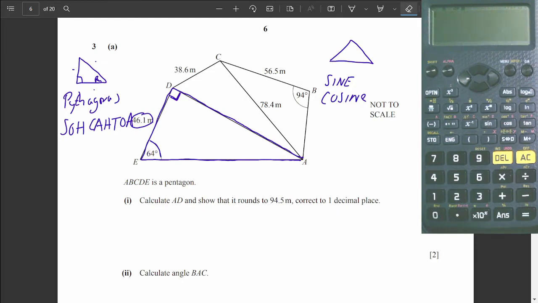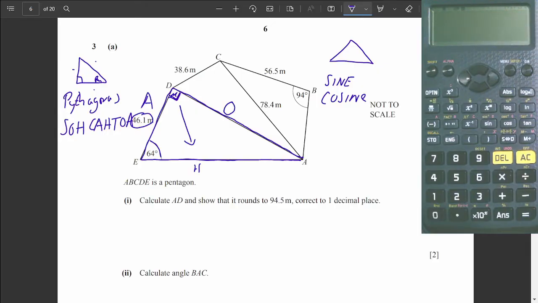Let's first label our triangle correctly. This is the 90-degree angle. Opposite that is the hypotenuse, which we are not using. We have right next to the angle 46.1. That's the adjacent. And we want to know AD, which is the opposite.